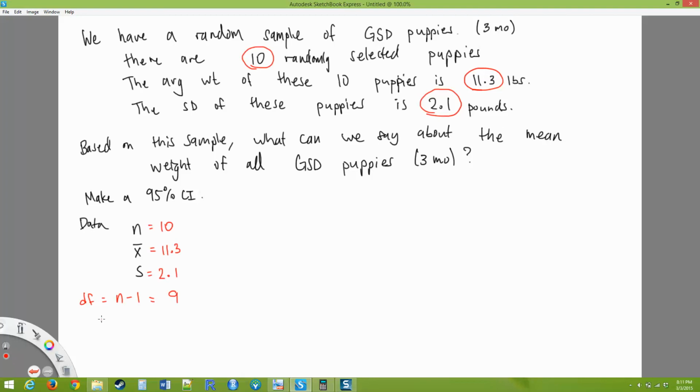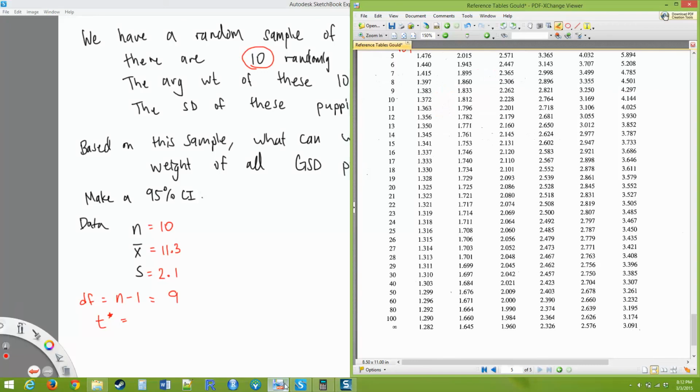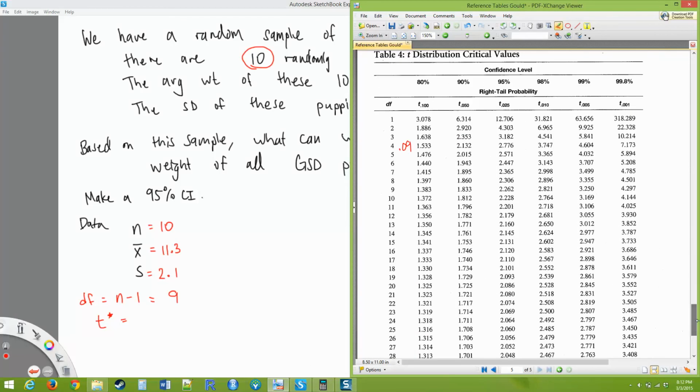And the last thing we need to do is figure out T star. Okay, so T star, we're going to go to our table, and we have 9 degrees of freedom. And what is our confidence level? 95%. So we go to the top of the column that says 95%, and we go to the row that says 9 degrees of freedom, and what is the number that we see there? 2.262.